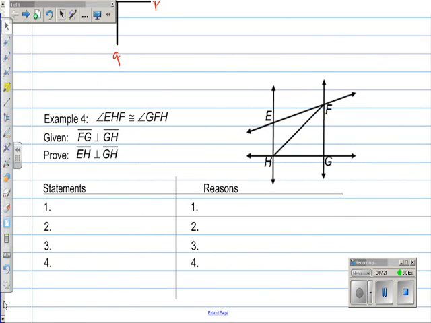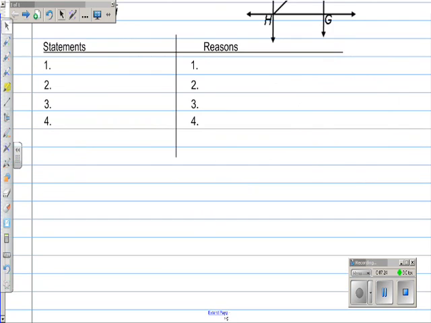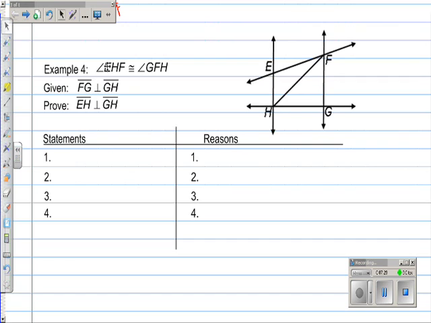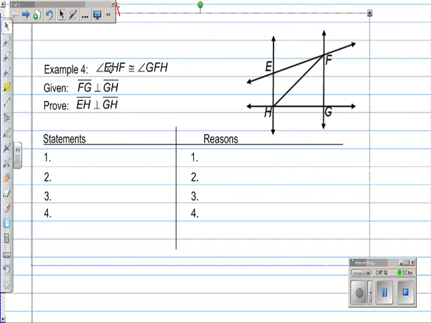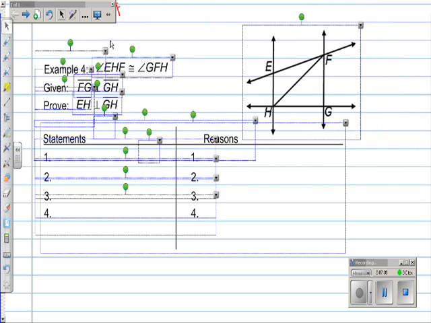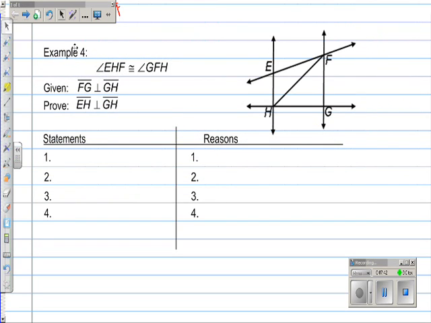From here, we're going to go through one proof using some of these theorems. In this proof, you're given statements, and we start off with angle EHF is congruent to angle GFH.